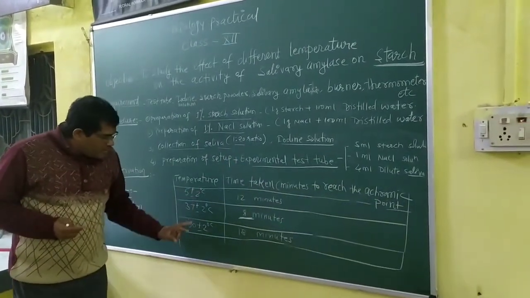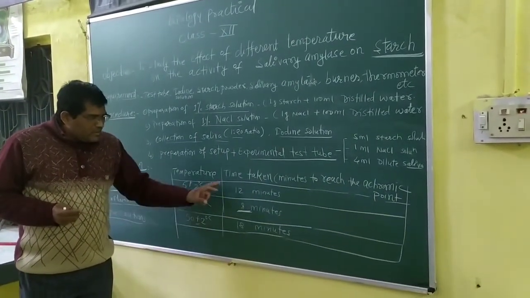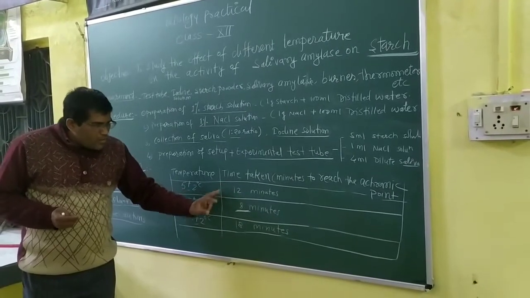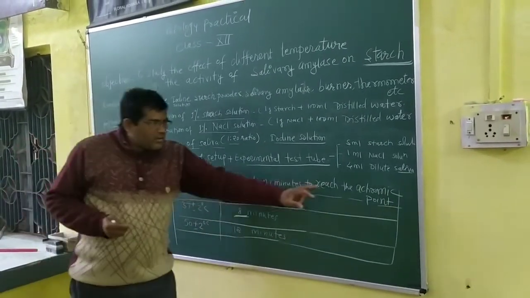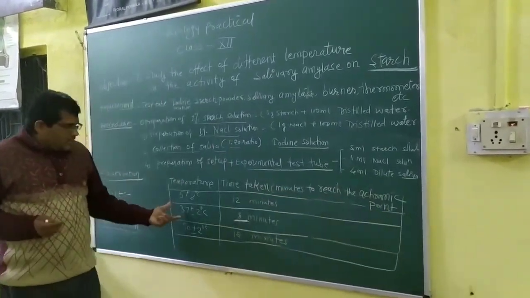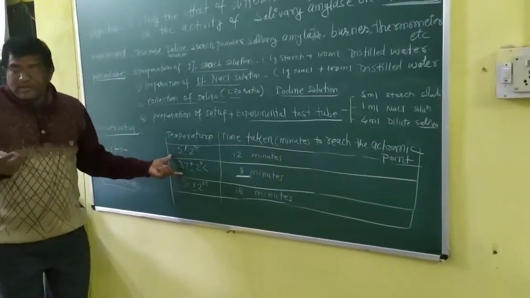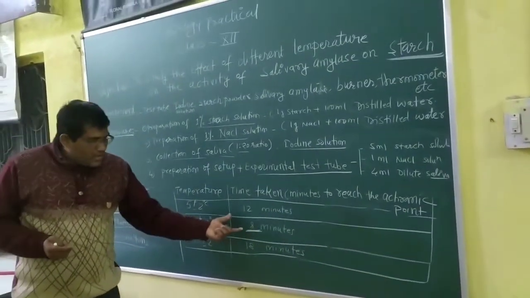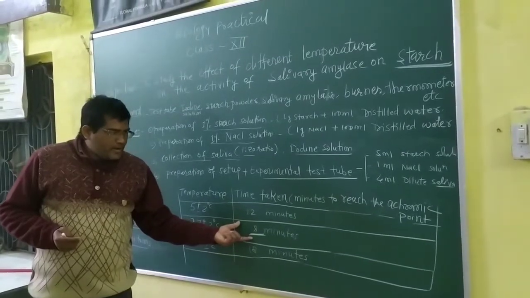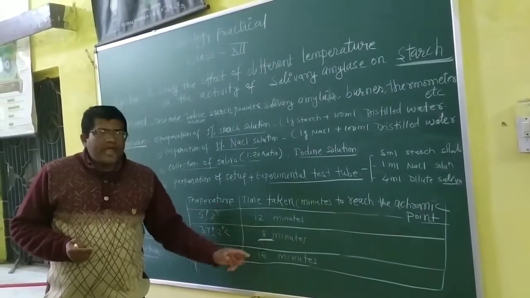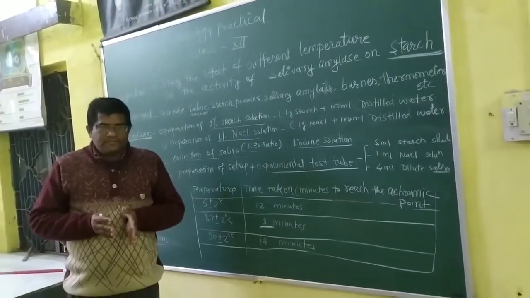So at low temperature and high temperature we are getting more time to reach the achromic point. But at 37 degree temperature, we are getting the achromic point at 8 minutes. So this timing will vary.